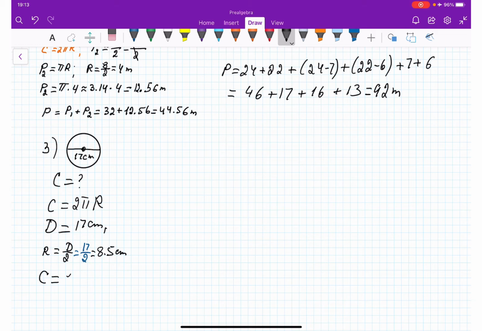So once we have it, circumference is equal to 2 times 3.14, because we are given pi is approximately 3.14, times the radius 8.5. Okay, they don't want us to open up the pi, so we just leave it the way they want, pi. And that is going to be 17 pi. All right.